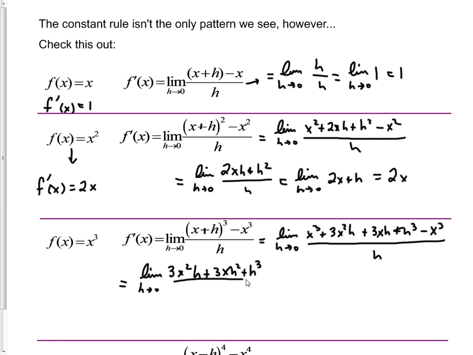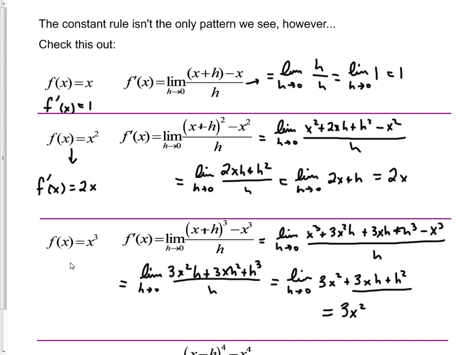All of that is over h, and since h is a common factor to each of these terms, we can factor out that common h and take the limit as h approaches 0 of 3 times x squared plus 3x times h plus h squared. Of course, as h goes to 0, these last two terms drop out, and we're left with 3x squared.